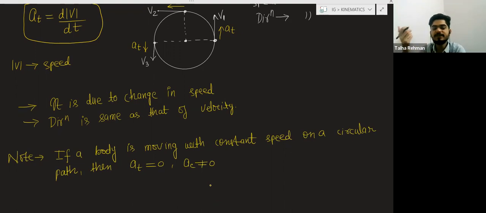Why? Because centripetal acceleration is due to the change in the direction, and in a circle there is always change in the direction.